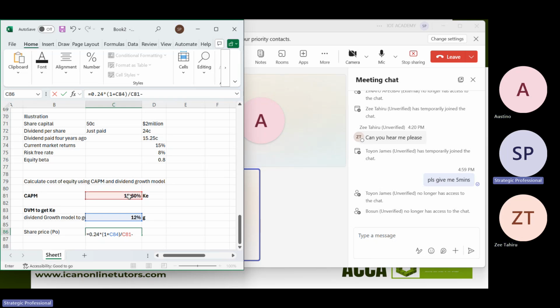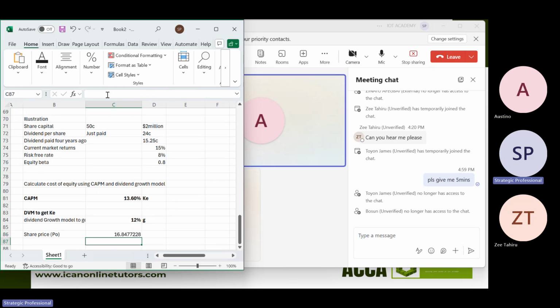That's what I wanted to remind you. I thought you forgot that. It's supposed to be Ke minus g, so minus 12%. So we get 16.85.